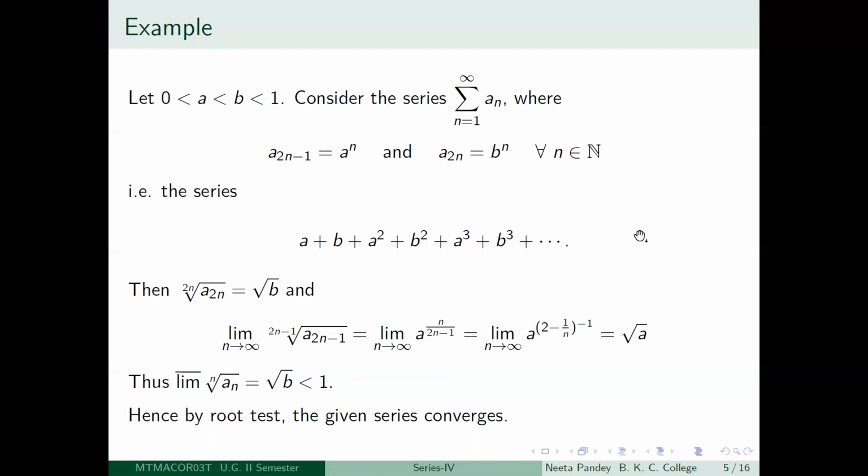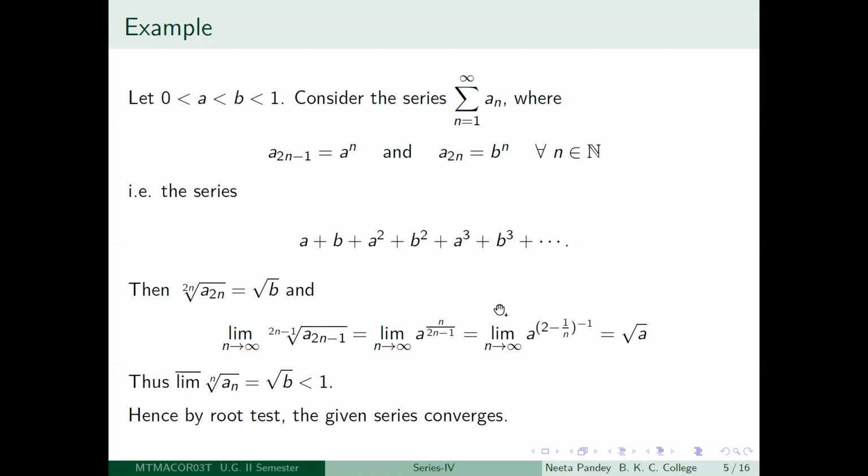So if you take any convergent subsequence of nth root of an, then it has to consist of all even terms after a certain term, or all odd terms after a certain term. Otherwise, it will not be convergent. This we have discussed earlier also. I just want to stress that point.